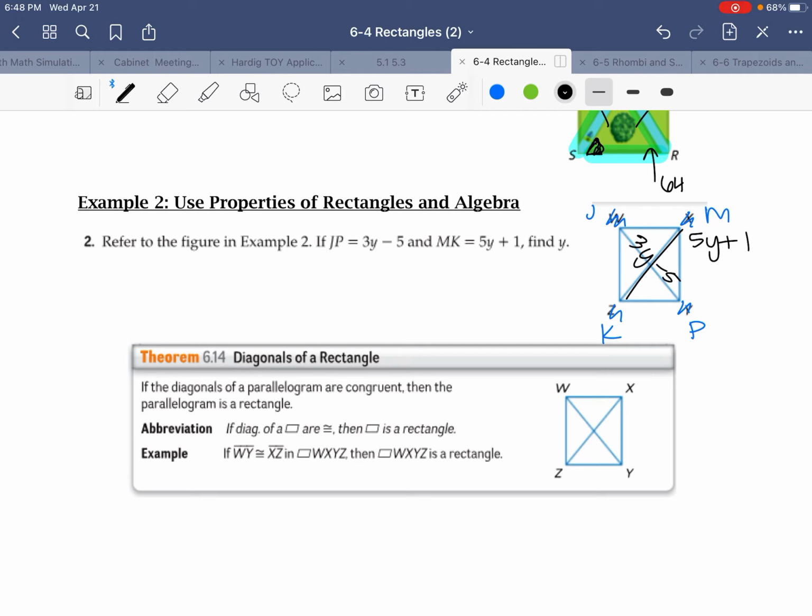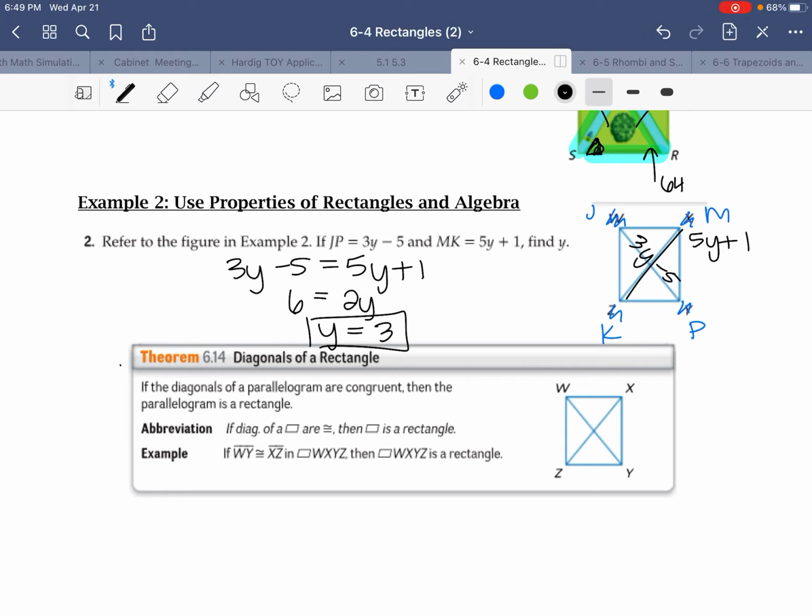Because these are rectangles, we know our diagonals are congruent, so we can take those two expressions and set them equal to each other. When we begin to solve our equation, we get 2y is equal to 6, which gives us that y is equal to 3. Now, had they asked us to find the actual diagonal length instead, all we would do is substitute that value for y in.